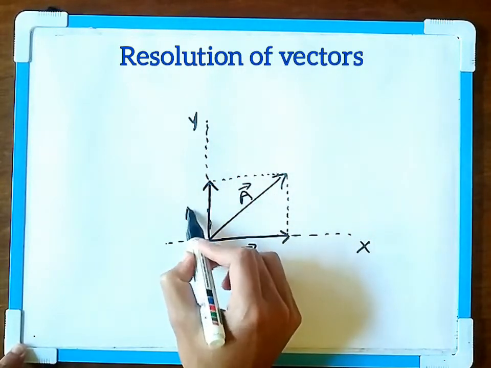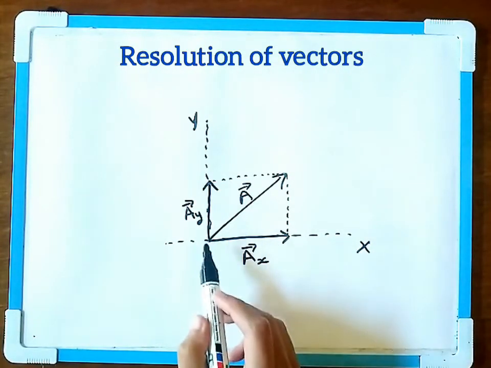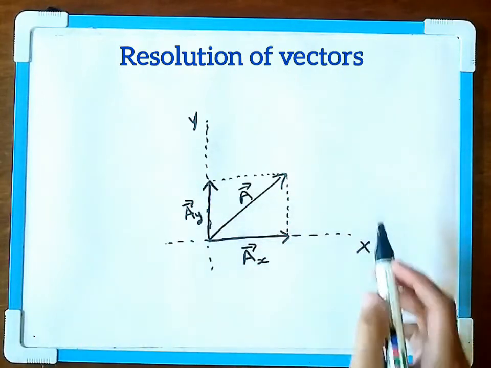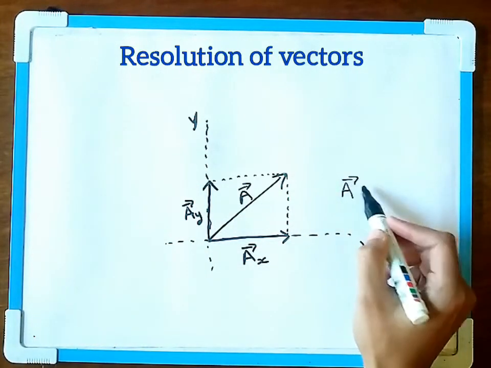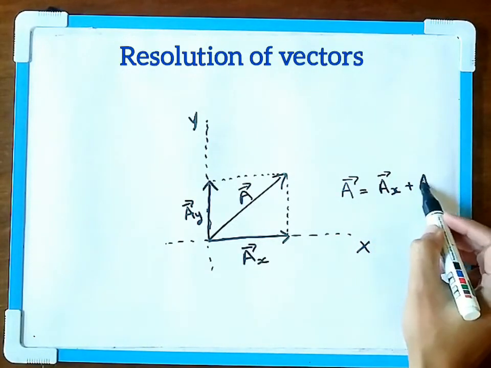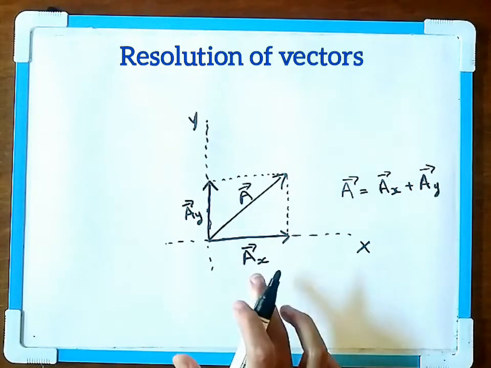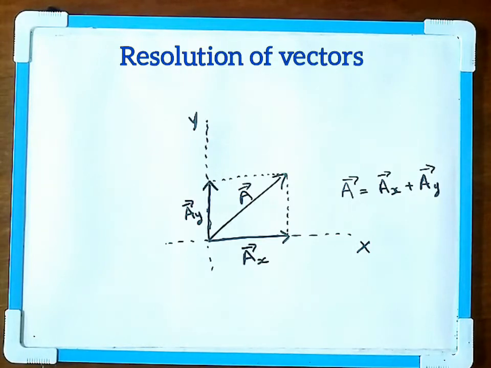So I'll denote this as AY. So we have a vector A. It is split into two parts, AX and AY. So again, this is like the parallelogram. So here A vector is equivalent to AX vector plus AY vector. This is known as the component along the x-axis, or the horizontal component, and this is known as the component of the A vector along the y-axis, or the vertical component.